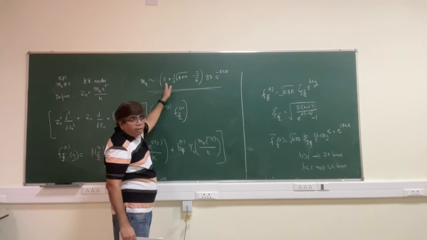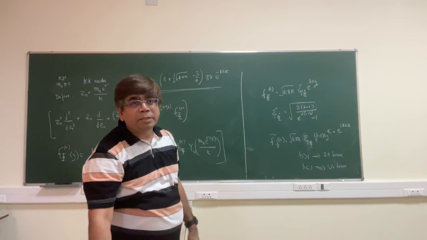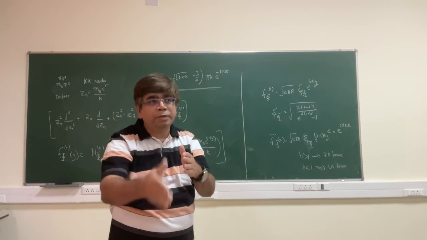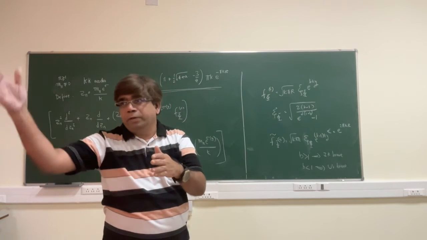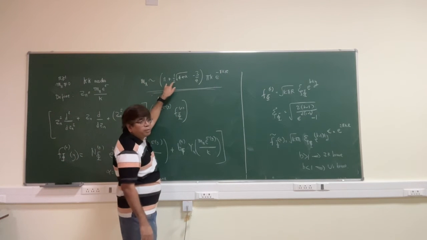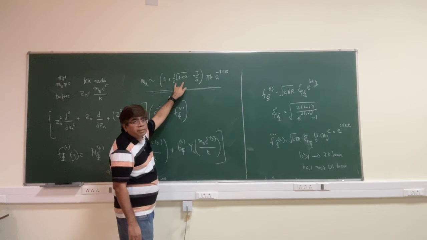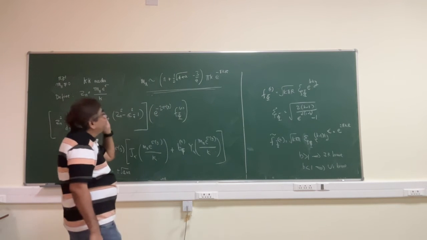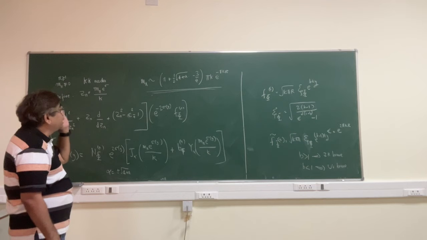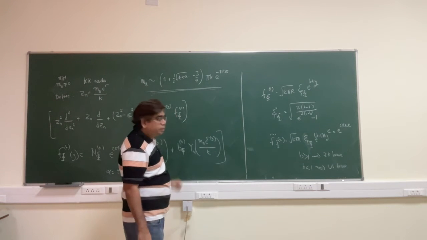The mass spectrum is not regular, unlike in the ADD models, where the mass spectrum is regular. So you have n equal to 0, n equal to 1, n equal to 2. Here the mass spacing is different; the difference between the two mass scales depends on the bulk mass parameter. So it's not as regular as in ADD models. As n changes, it also changes.